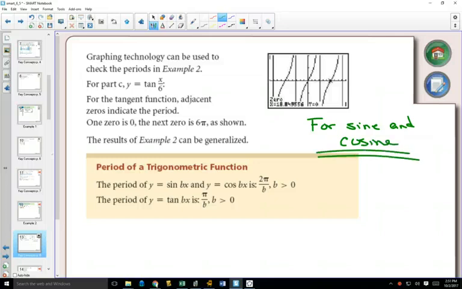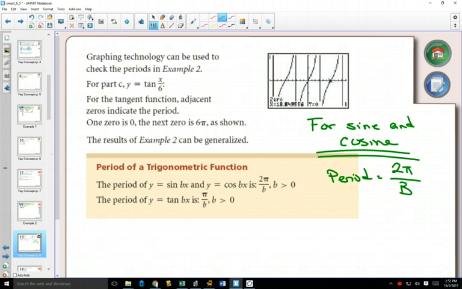For sine and cosine, your period is always 2 pi over your b value, which makes sense because if your b value is a number like 2, you have to multiply by the reciprocal for your horizontal stretch or compression. So all this b on the bottom is doing that reciprocal. By dividing, it's like multiplying by 1 over b.